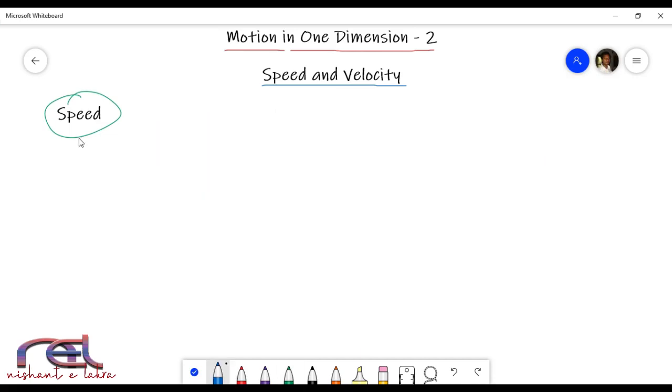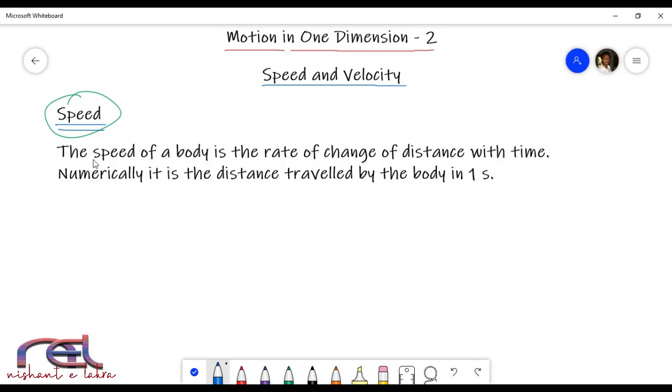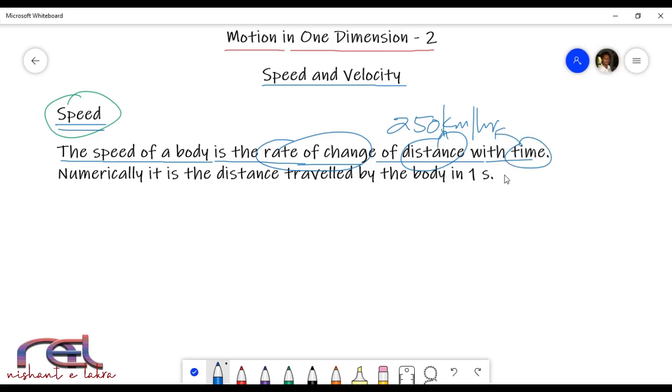Let us understand more about speed. The speed of a body is what? The speed of a body is the rate of change of distance with time. In the illustration that I showed you before, distance 250 kilometer, time hour, per hour.